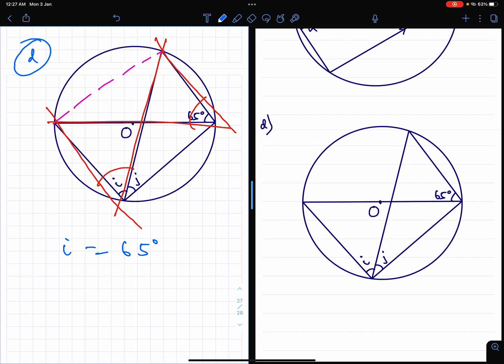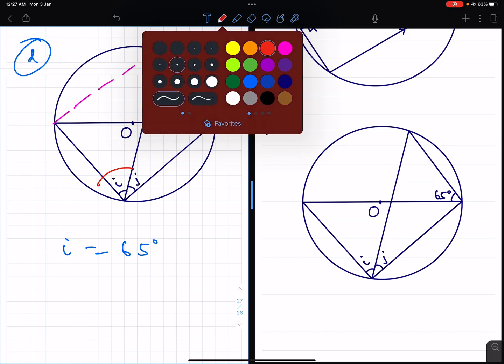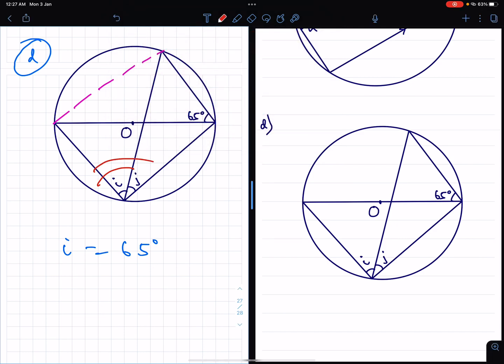Now what else? How do I find J? Oh, beautiful. That's simple. That's a piece of cake. Now I can see that the whole of this is 90 degrees. We can see that this line and this line form a triangle with the diameter of the circle.